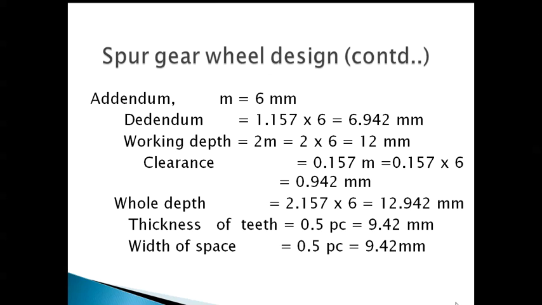The width of space equals 0.5 Pc, that is 9.42 mm. So this is the whole design of the gear. We found all the nomenclature using the relation with the module m.